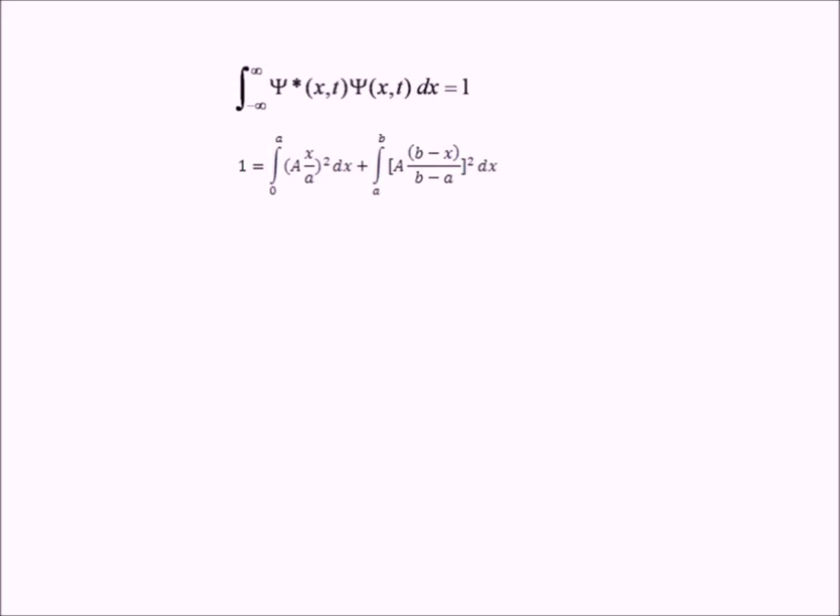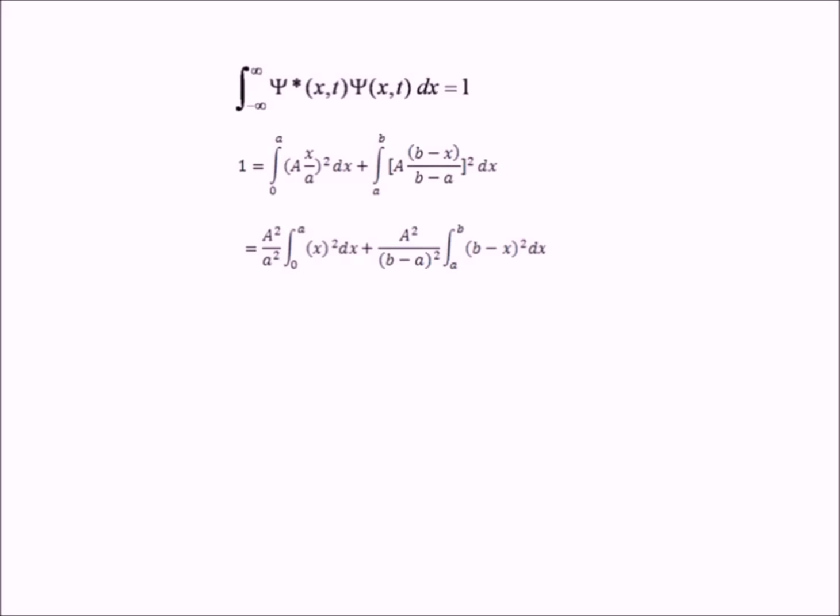That means from minus infinity to 0 the integration is 0, and from b to plus infinity the integration is 0. So we have taken only 2 integrations. We just put in the values of psi, and capital A and small a are constant.